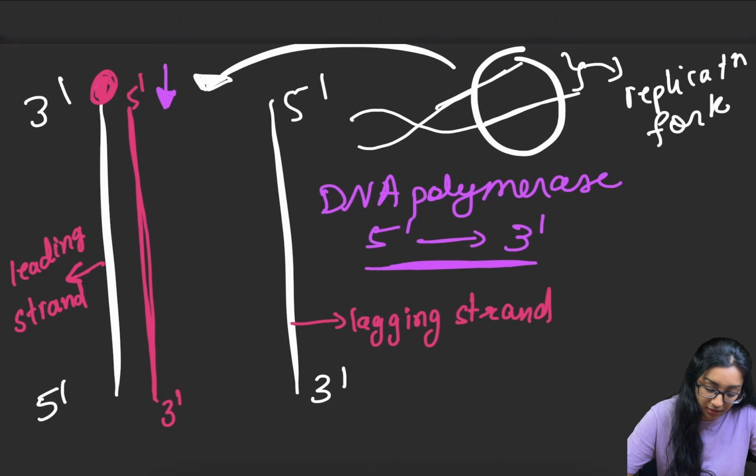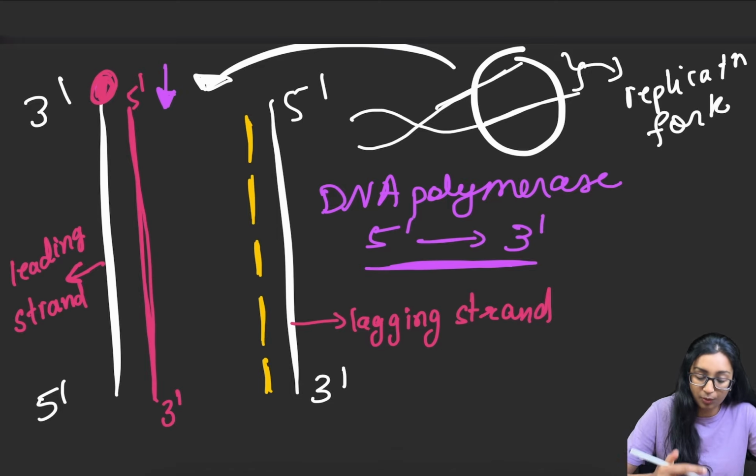In the lagging strand, it will not be formed in the same pattern as in the left strand, but there will be small fragments. These small fragments will be like these. So these small fragments have been made from this direction, 5' to 3', 5' to 3', on the opposite end.